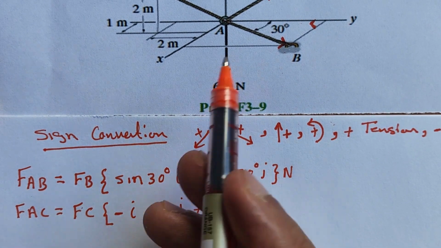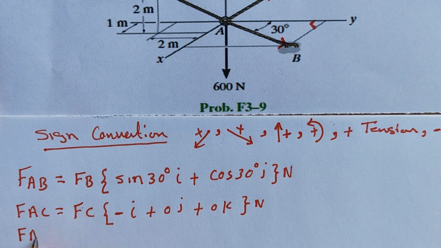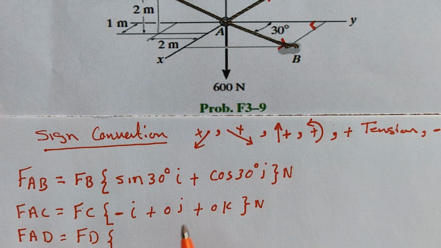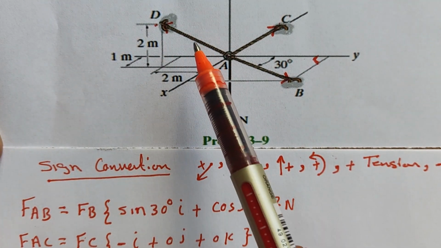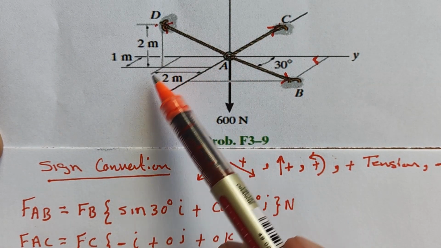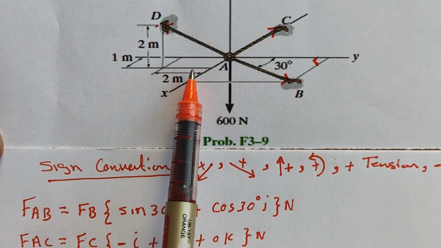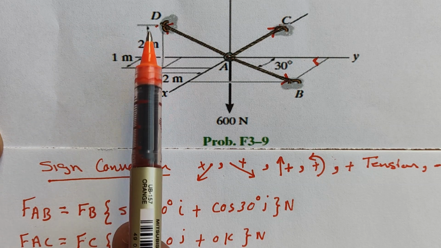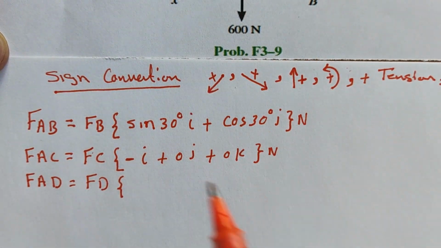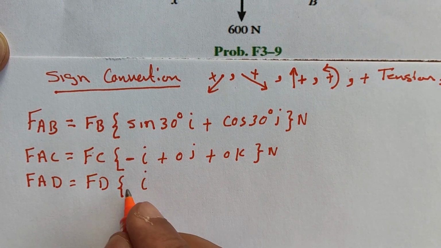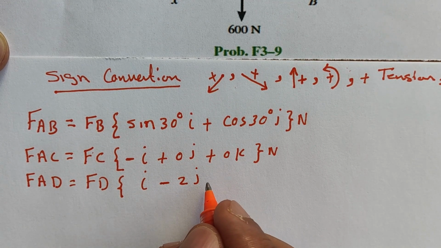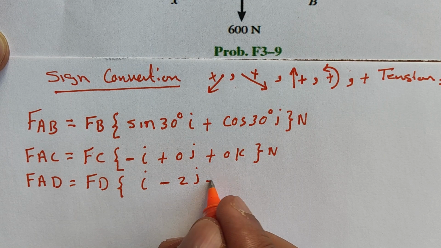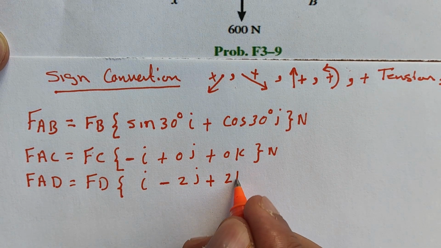Now for FAD, equal to FD itself multiplied by, when we look at FAD, it has 1 meter on the positive x-axis, 2 meters on the negative y-axis, and 2 meters on the positive z-axis. Therefore, we have 1 meter on the i, minus 2 meters on the j, and plus 2 meters on the k.